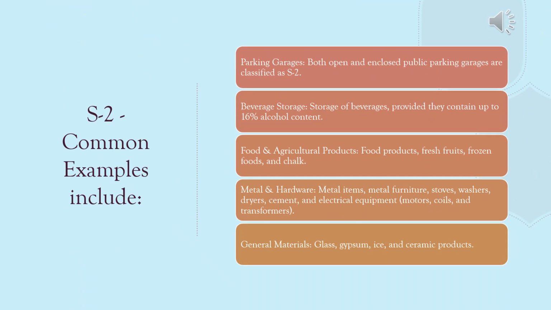Some common examples of S2 would be your parking garages, certain beverage storage, depending on alcohol content levels. Remember the 16% content level if you're taking that exam. Food and agricultural products, metal and hardware, and general materials such as glass, gypsum, ice, ceramic products. I believe on the ICC exam they also ask about a ceramic products type of occupancy.